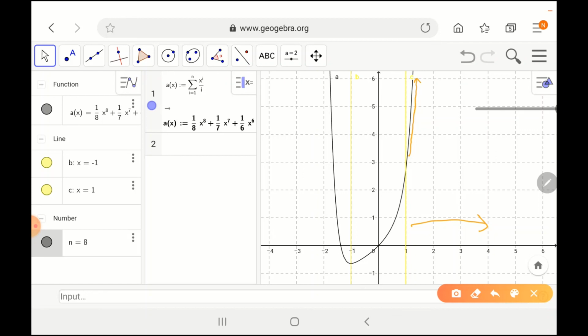It's the same when x is less than -1. So your series becomes divergent when x is greater than 1 and less than -1. And we cannot really determine whether it's convergent or not on the boundary, at x equals 1 and x equals -1. So this is how we analyze the convergence of a power series.